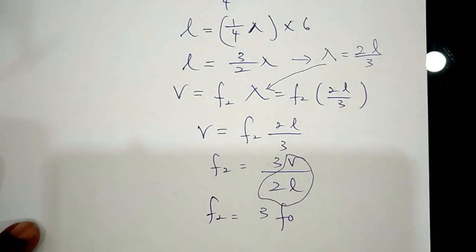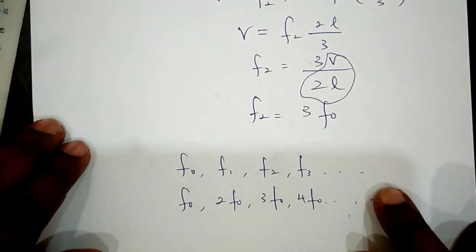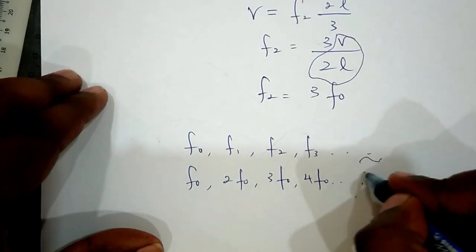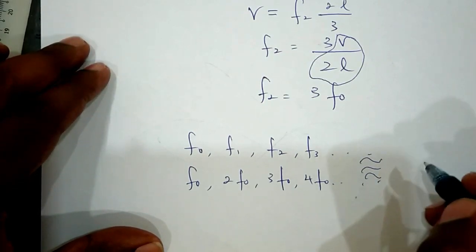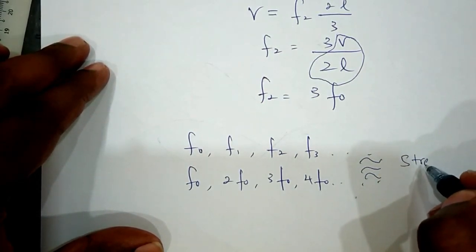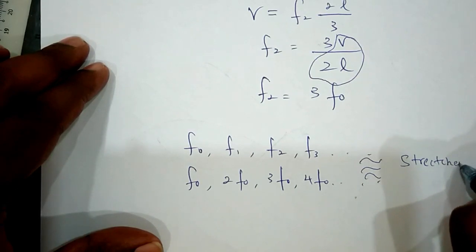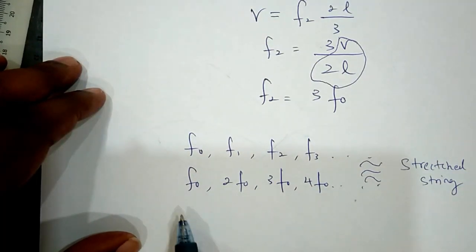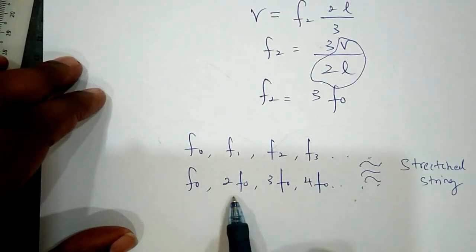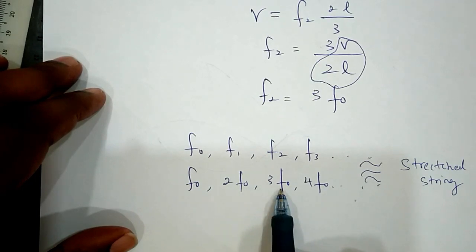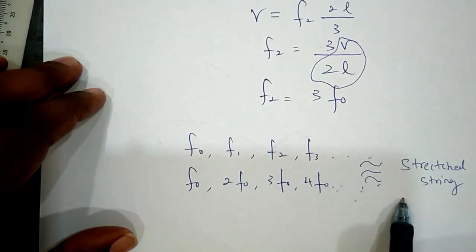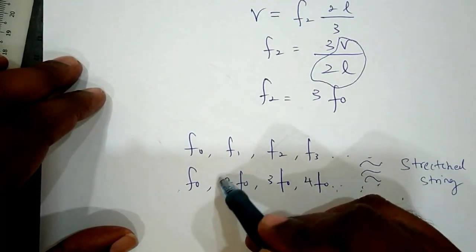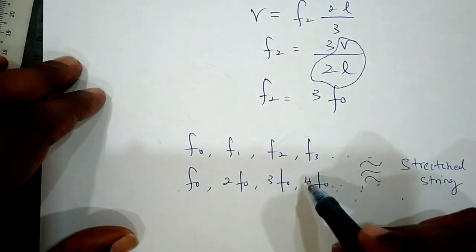So now you can see the sequence of this open pipe, which is similar to the stretched string. So this is the fundamental frequency, second overtone, third overtone, fourth overtone and so on. So this is the first harmonic, second harmonic, third harmonic and fourth harmonic.